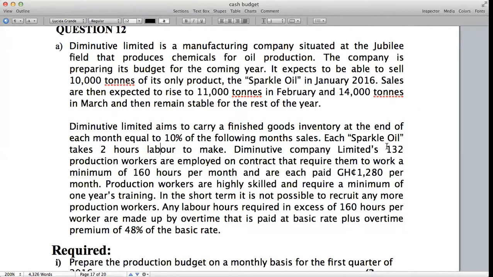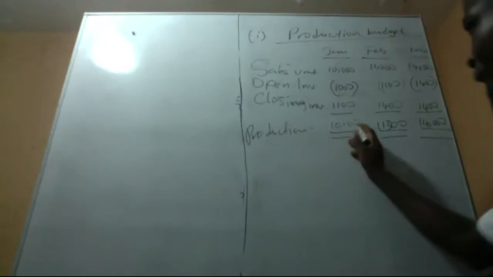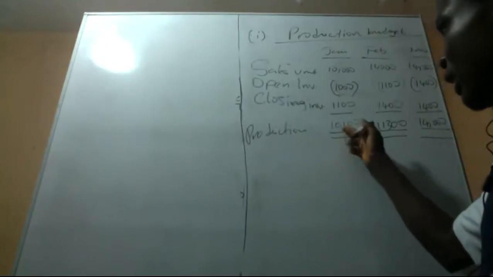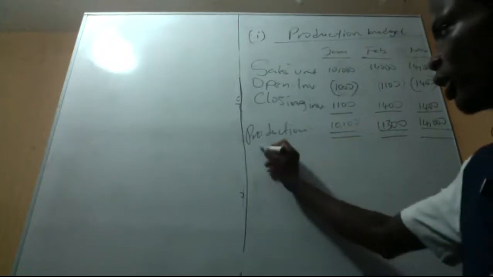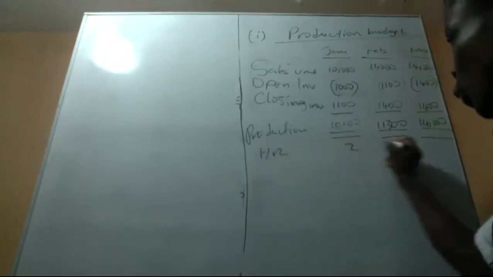Each sparkle oil takes 2 hours of labor to make. So that is the 2 hours. So now let me come back here. It means that if we need 2 hours and we are going to produce, let's say, 10,100, then I can put the hours here: 2 times 10,100.